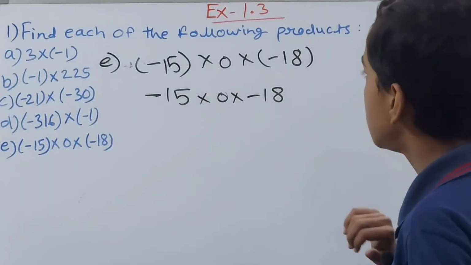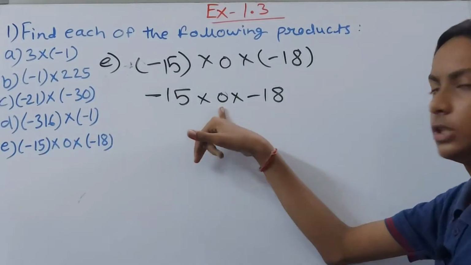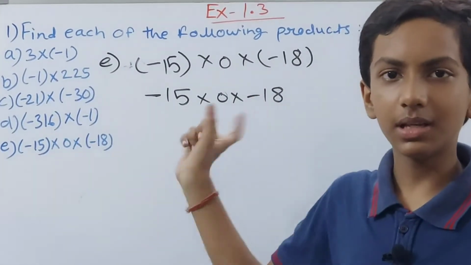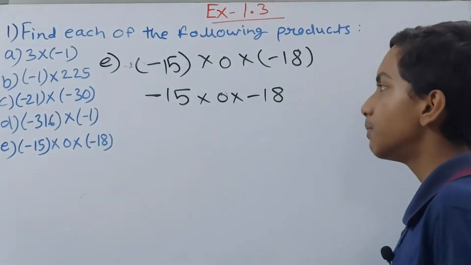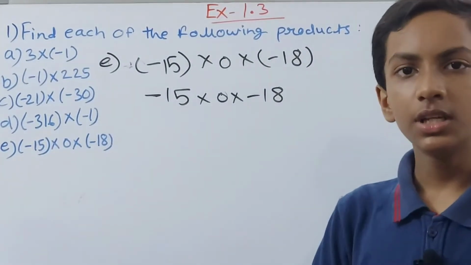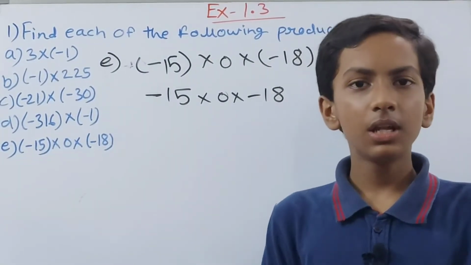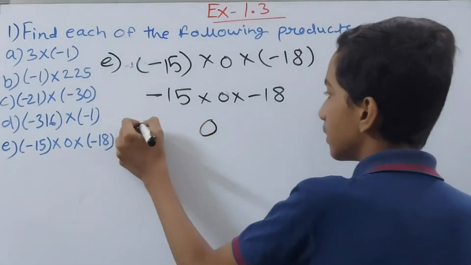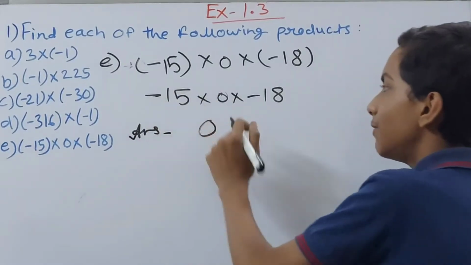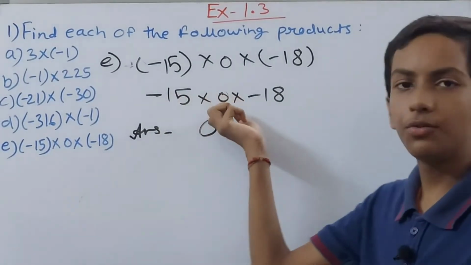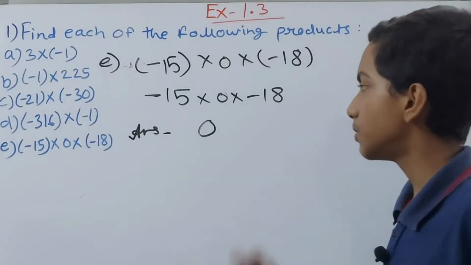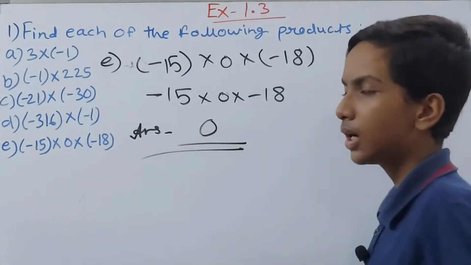Alright, now you see here, whenever we have a 0 in a multiplication, what we simply write, our answer becomes 0. Nothing changes, no plus, no minus, just simple 0 becomes our answer. Even if you see practically minus 15 into 0 will be 0, 0 into minus 18, that also 0, so just 0 becomes our answer.